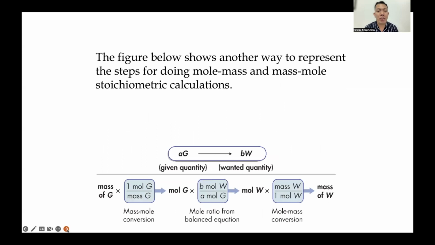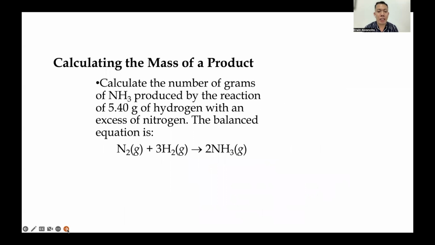The figure below shows another way to represent the steps for doing mole-to-mass and mass-to-mole stoichiometry calculations. Let us proceed to the example so that you can see this better.